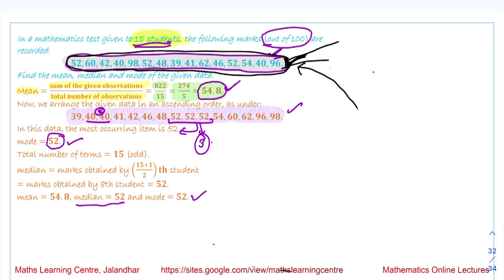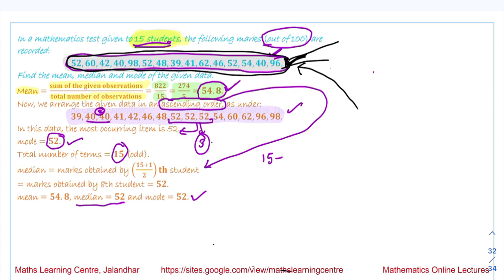But to calculate the median, it is necessary to arrange them in ascending or descending order. The number of terms over here is odd, its value is 15. So the median will be the marks obtained by the 15 plus 1 by 2th student when the data is arranged in ascending or descending order.